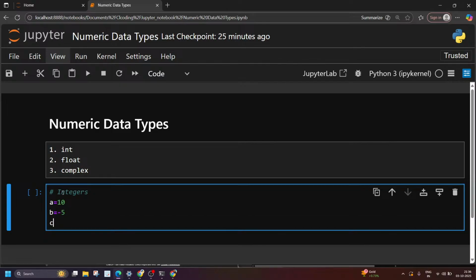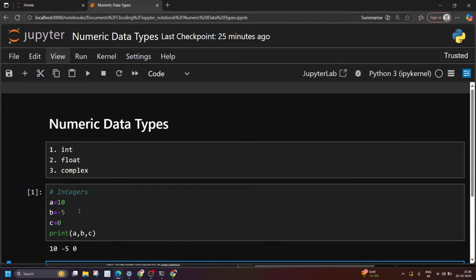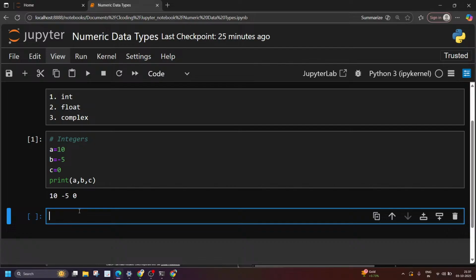This shows how we work with integers. We can see what integers are: sometimes a positive, negative or zero value, and they are whole numbers.